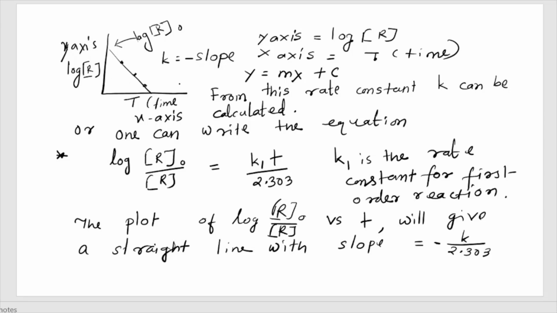So from this the rate constant can be calculated from the slope. K means minus slope.